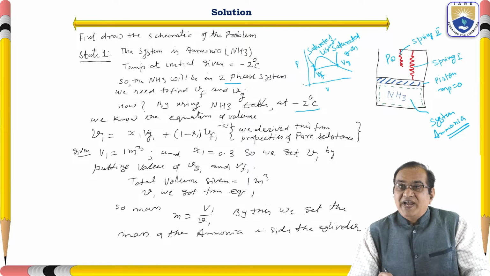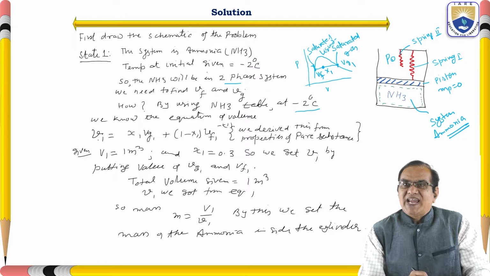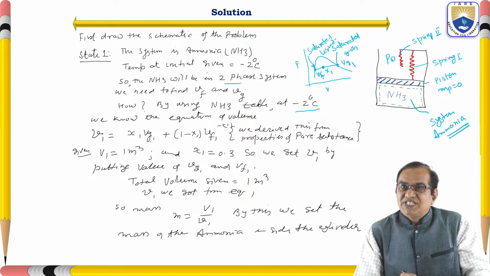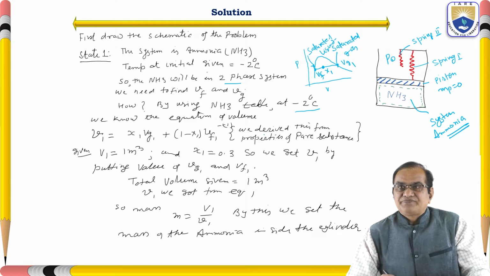X1 is given, so we can find V1 at the given x condition. We should know Vf1 and Vg1, and we get them from the ammonia table. X1 is given as 0.13.